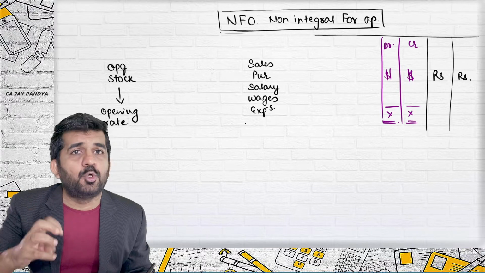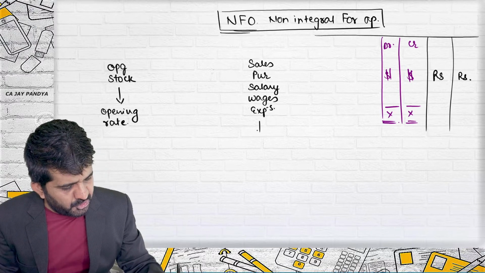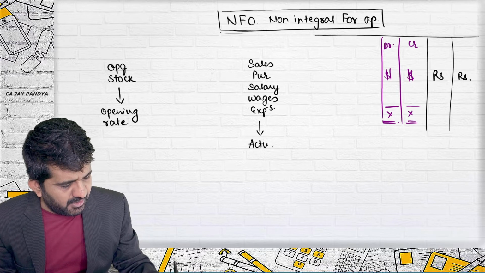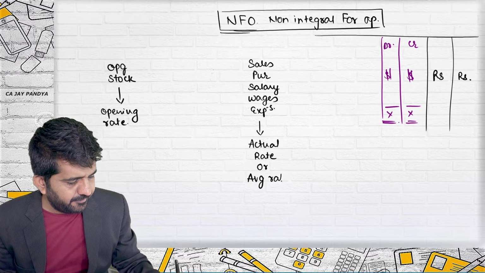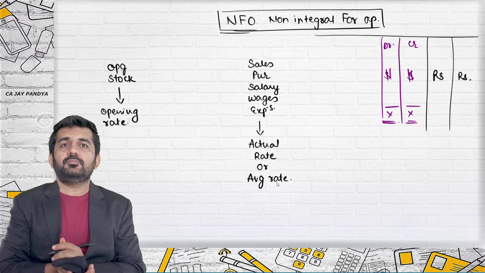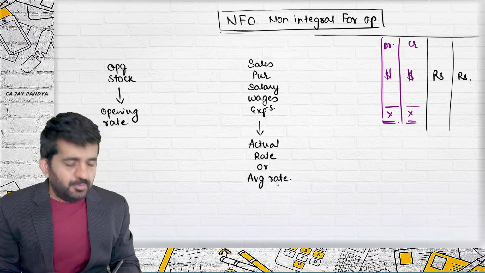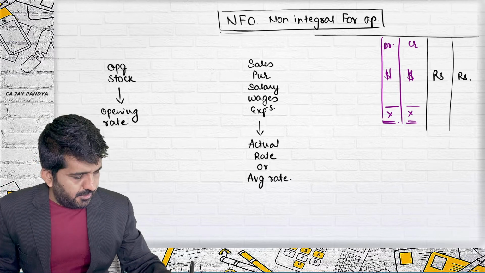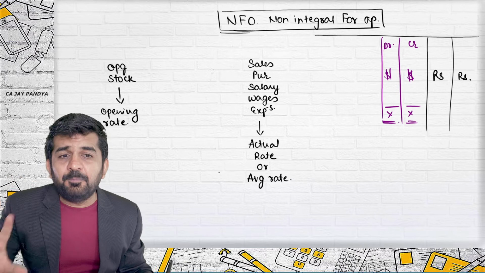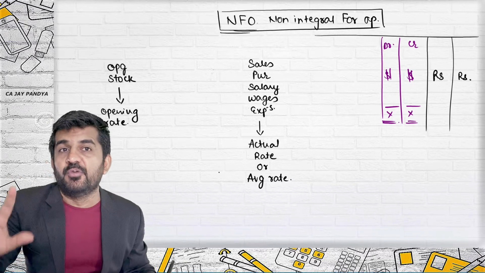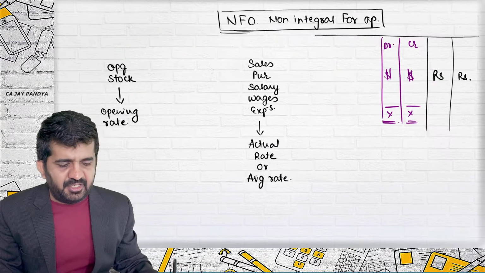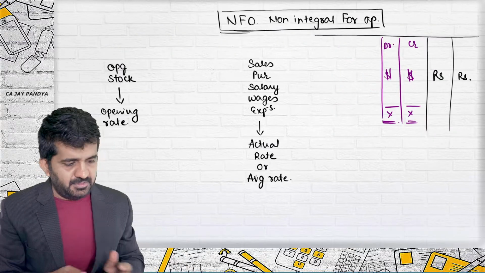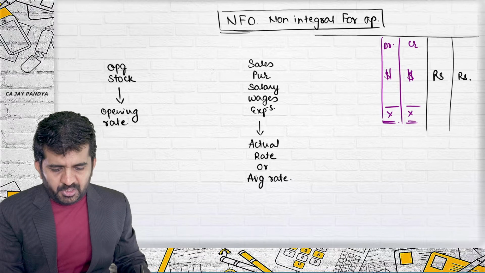So practically they don't come in balance sheet. So it should be at actual rate or average rate. Up till this point of time, there is no difference. Whether it is integral or non-integral, it is remaining same. The difference is only over here.